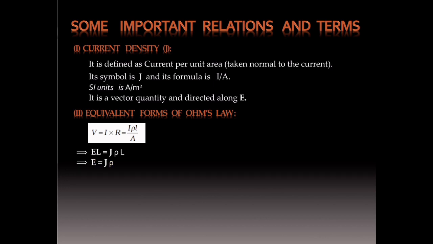So L cancels, and E is equal to J into resistivity. So J is equal to E by resistivity, and J is equal to E into sigma. Here sigma is the conductivity. This is the expression for Ohm's law in vector form, or you can say it's the equivalent form of Ohm's law.